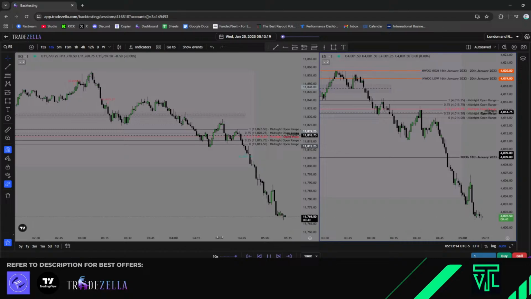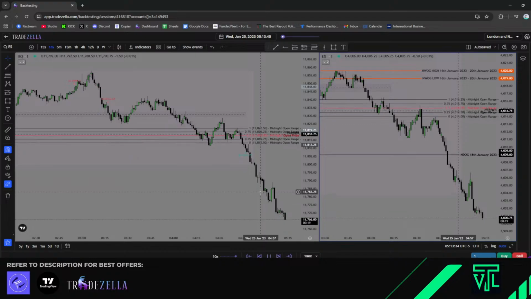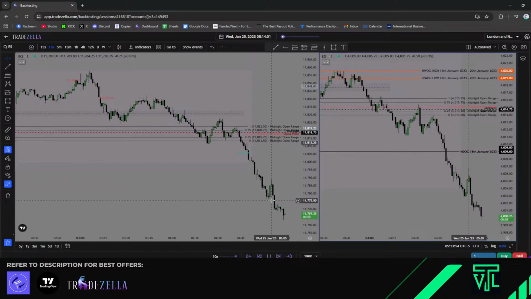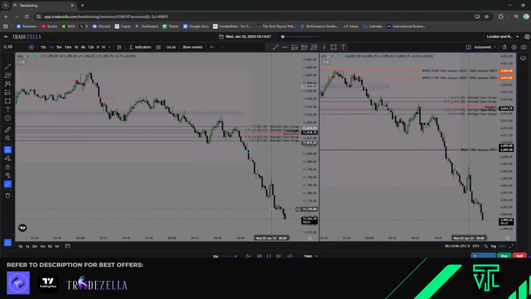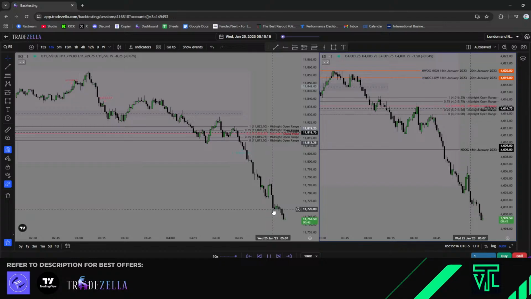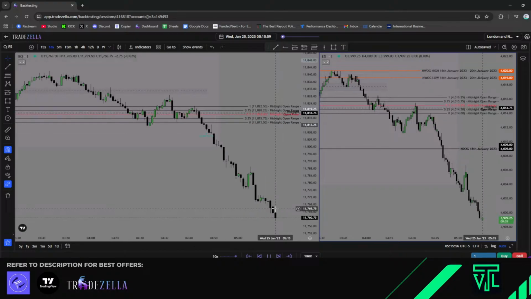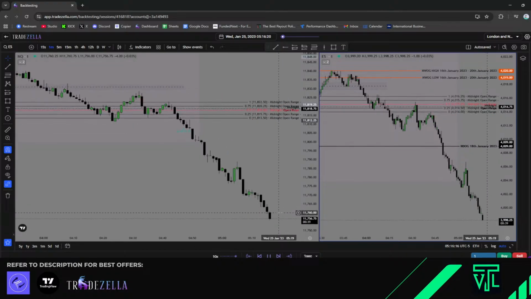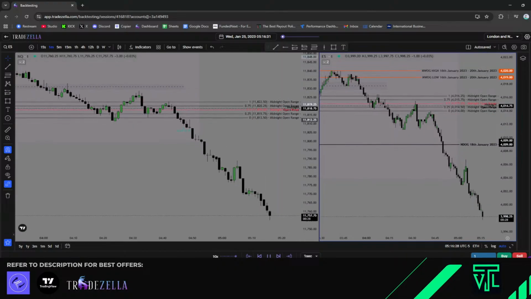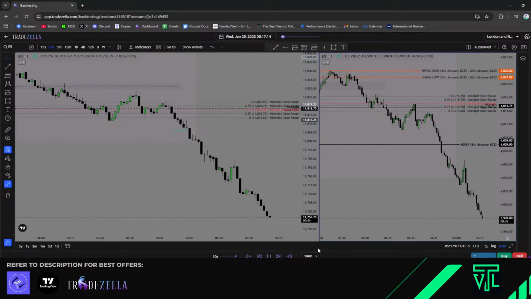I only use fair value gaps for my entries, and sometimes a breaker if it is really evident to me. It's not about any PD array being higher than the other one. It's about how you can use one and how easily your eye can pick one. For me, fair value gaps are really easy to pick, from my naked eye.